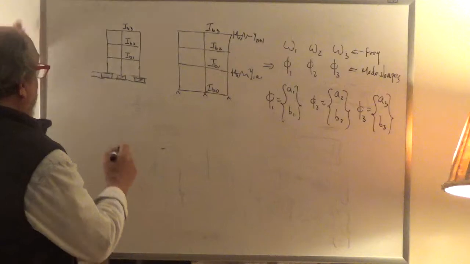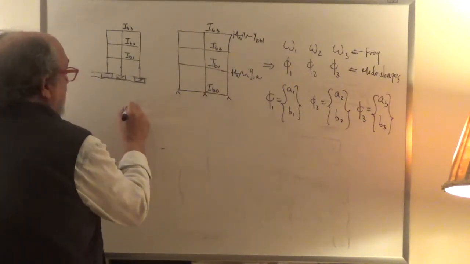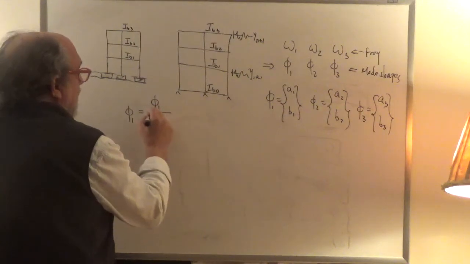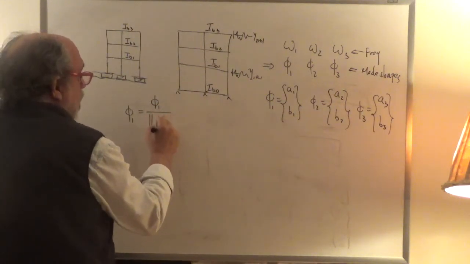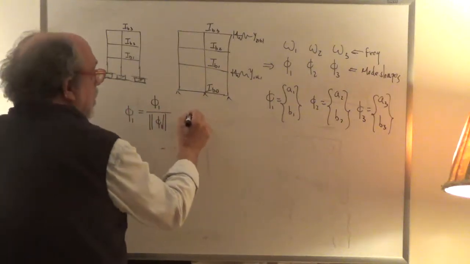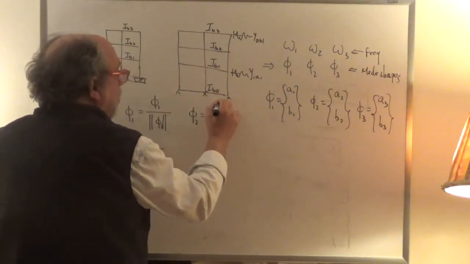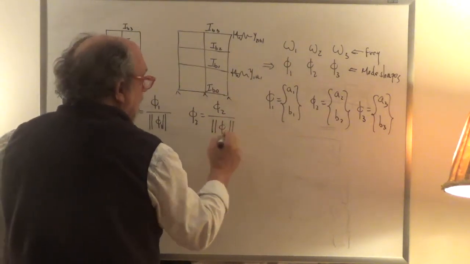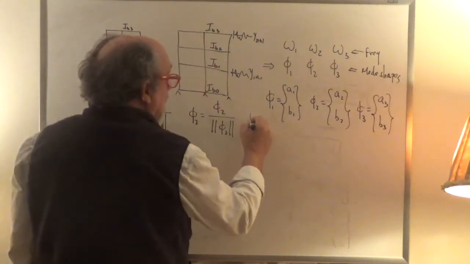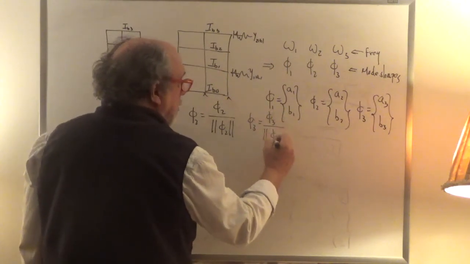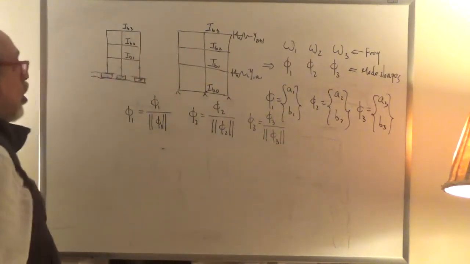But right now, let me just say that I take phi 1 to be whatever phi 1 you had divided by the norm of phi 1. So let's make them all norm 1. Then phi 2 is equal to phi 2 divided by the norm of phi 2, and phi 3 is equal to phi 3 divided by the norm of phi 3. That way they are all norm 1.